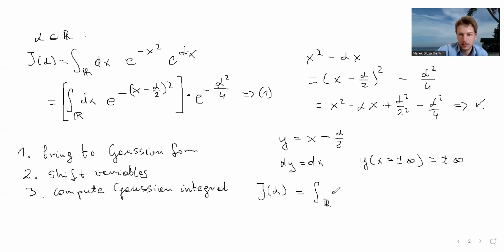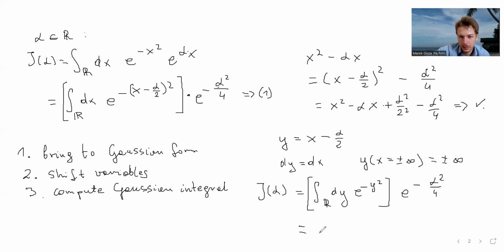Nothing happened here because the real line is infinite: dy e^(-y squared), and the multiplicative constant stays. And I have e^(-alpha squared over 4). Good.